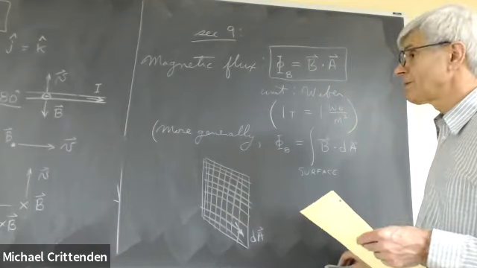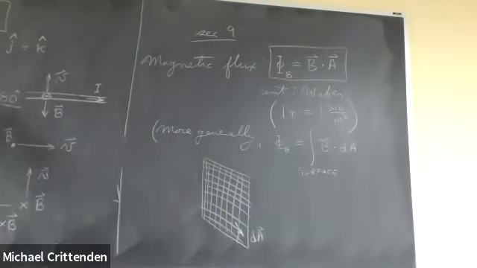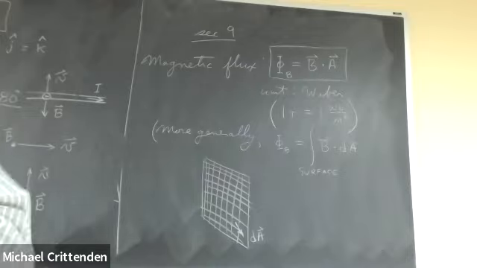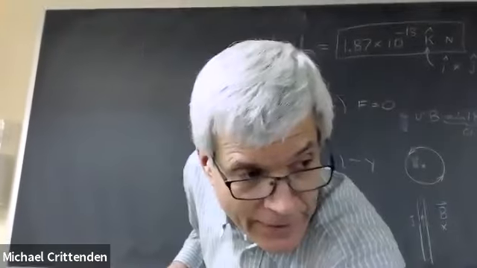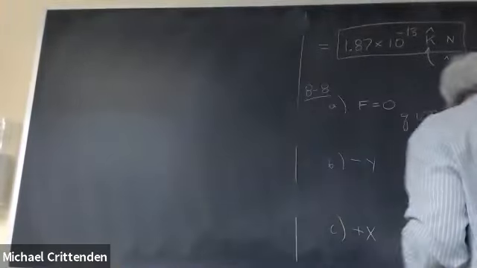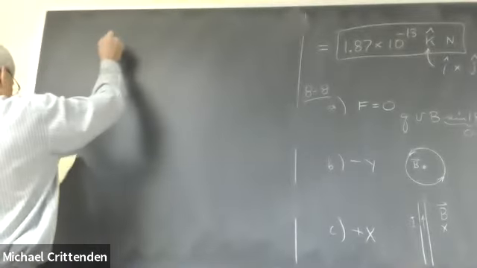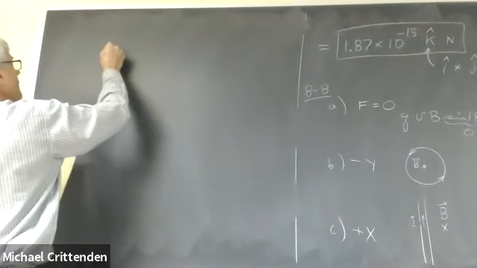So I just have a couple more things I want to write, but I guess I have to make a little more space. So from what it showed on the handout there, the EMF in a single loop of wire.